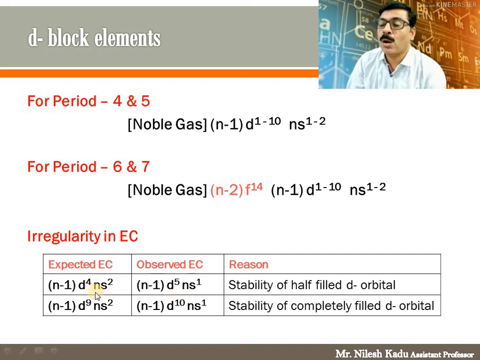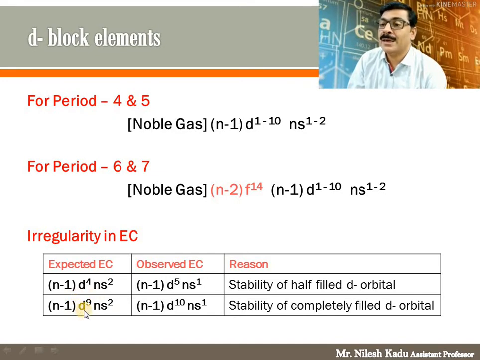So the observed electronic configuration is (n-1)d5 ns1. Now the second irregularity is (n-1)d9 ns2. Here the d orbital contains 9 electrons.